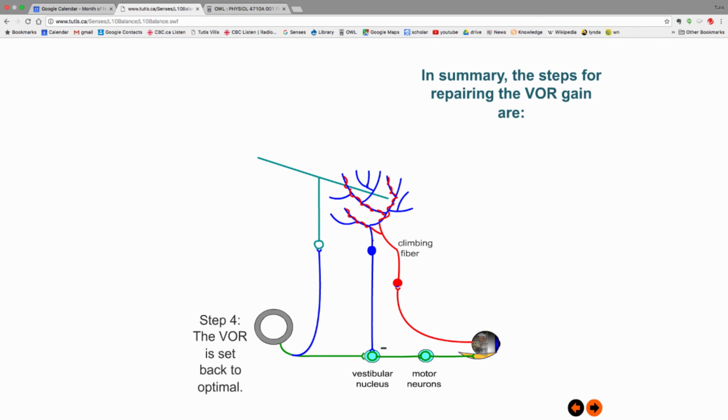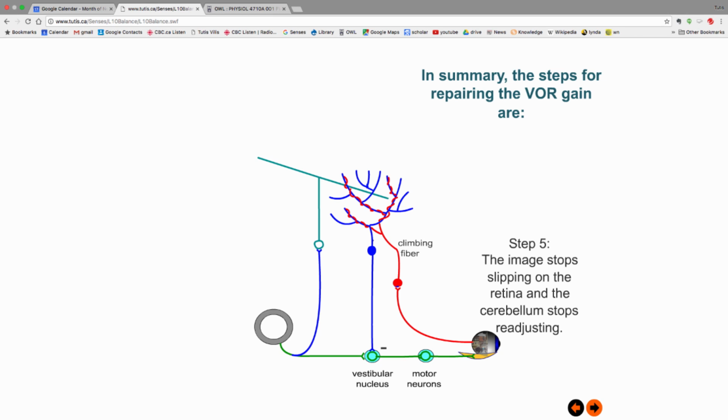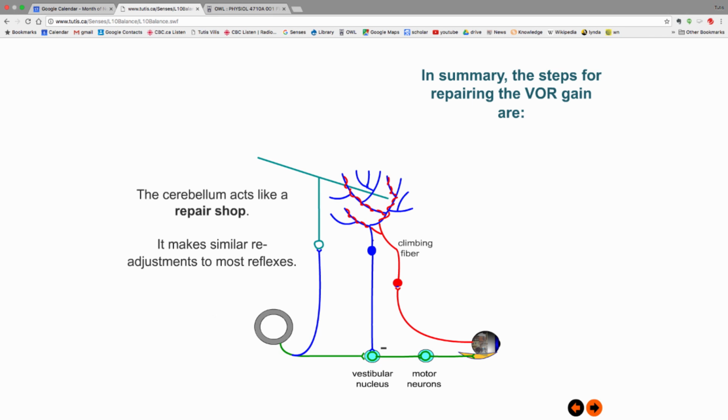That fixes the VOR, and the retinal slip stops. So it's a nice sort of feedback loop. Whenever an error appears, it gets cured. So the cerebellum here acts like a repair shop in this case for the VOR.